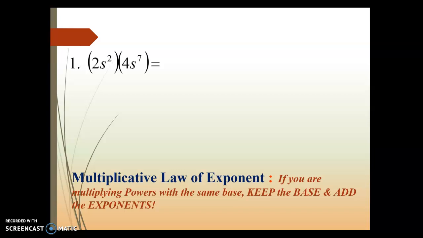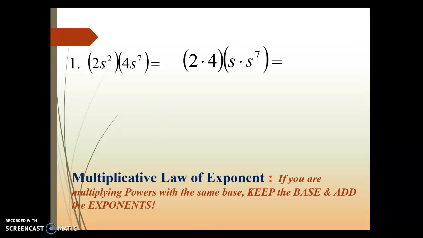Okay, so how do we solve this one? For me, I group those things that are common, for example the 2 and 4, and then the variable s. That's up to you also. Next, you multiply. 2 times 4 is 8. How do you multiply the s terms? Apply the multiplicative law of exponent. You're just going to add its exponent.